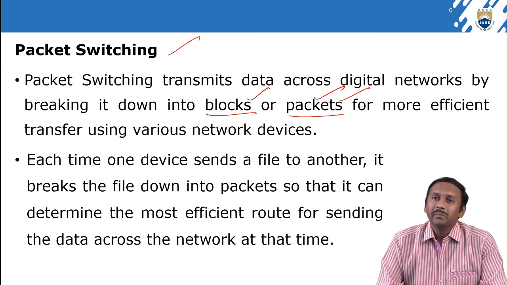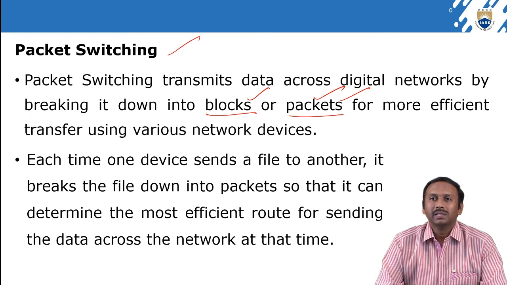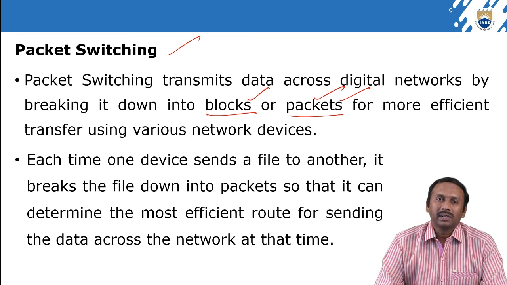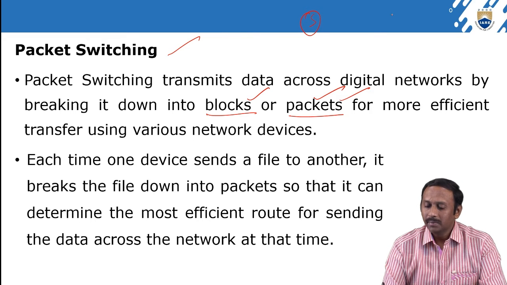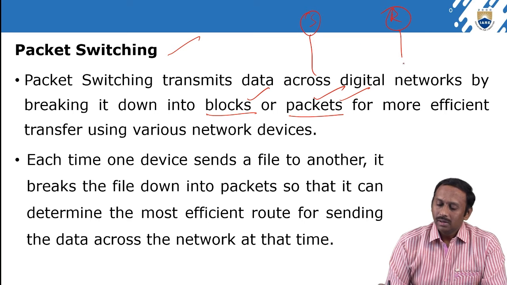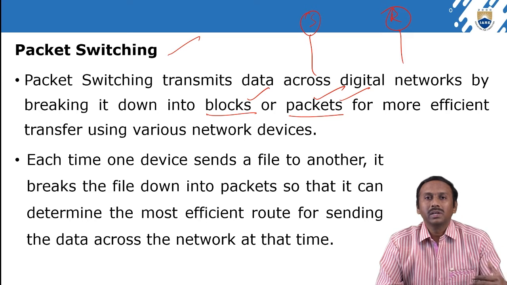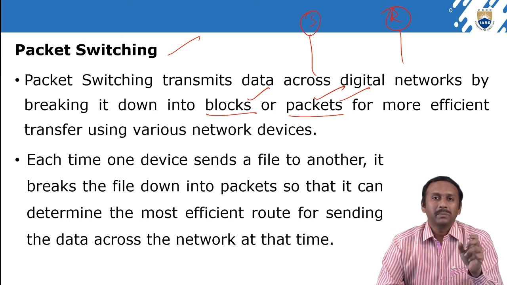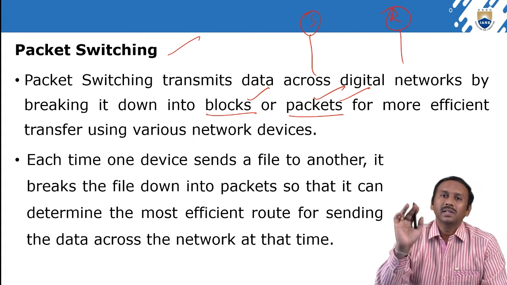Each time one device sends a file to another, it breaks the file down into packets so that it can determine the most efficient route for sending the data across the network at that time, right? We know that there is a sender system as well as a receiver system. At the sender system, in the application layer, presentation layer or session layer, the data is represented as an application layer data unit, presentation layer data unit, or session layer data unit.